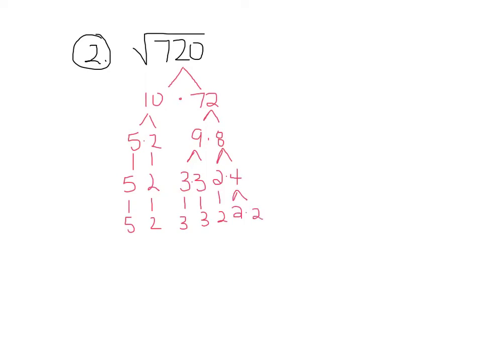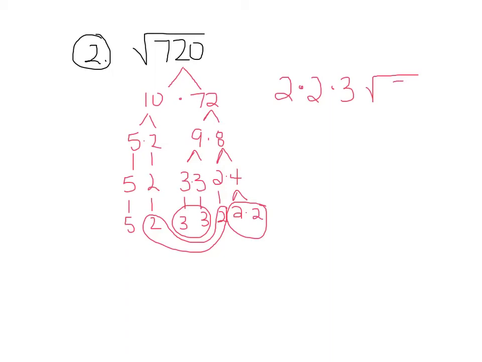What you want to look for is pairs of numbers, because that's going to be the same thing as that number squared. I notice that I have a pair of 2's, a pair of 3's, and another pair of 2's right here. All of these pairs, when I take the square root of them, get to come to the outside. So on the outside, I'm going to have a 2 times another 2, because I had 2 pairs of 2, and then times a 3, and the only thing left on the inside of my radical is a 5.